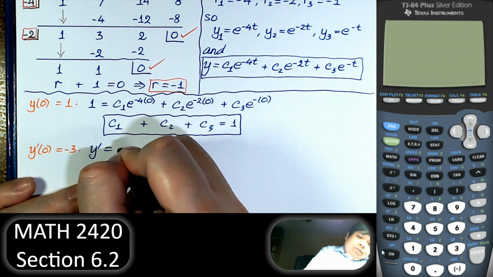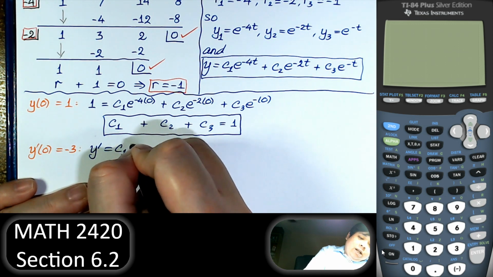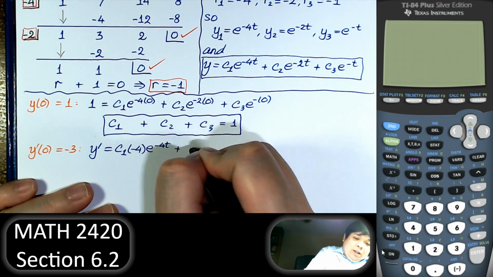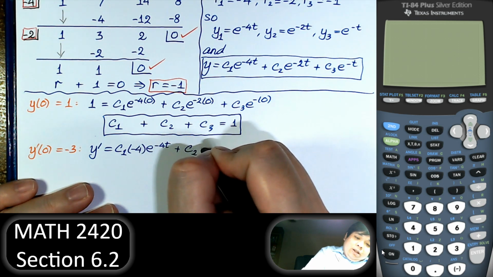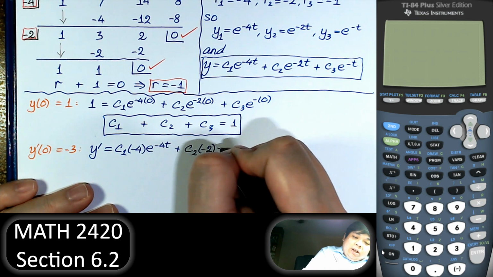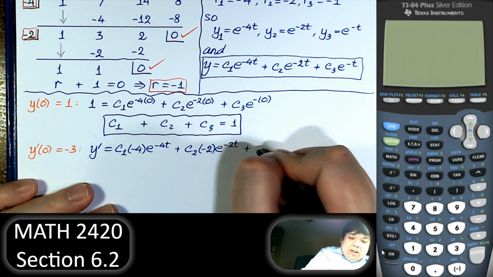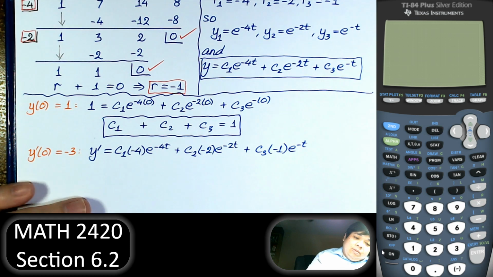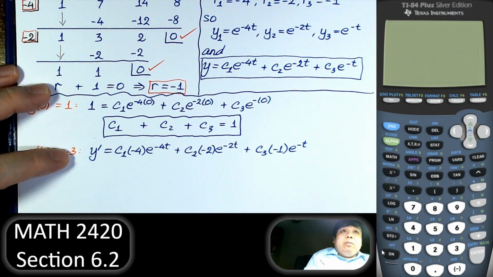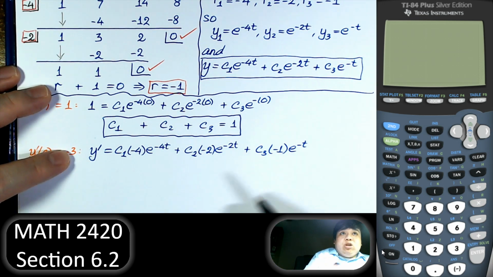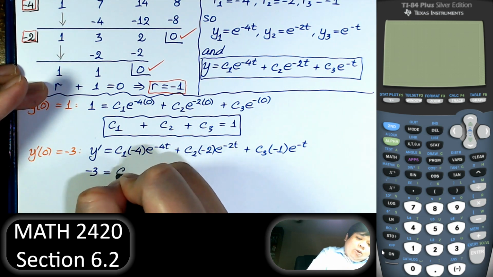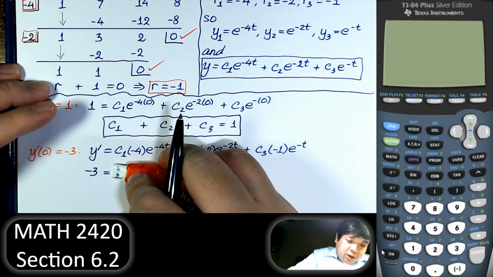So we have c1 negative 4 e to negative 4t, c2 negative 2 e to negative 2t, c3 negative 1 e to negative t. Now we make them equal to negative 3, where we put 0 in for t. This is equal to negative 3 when we put 0 in for t.